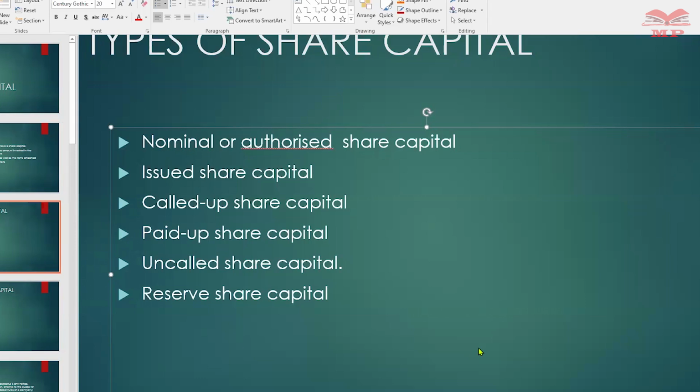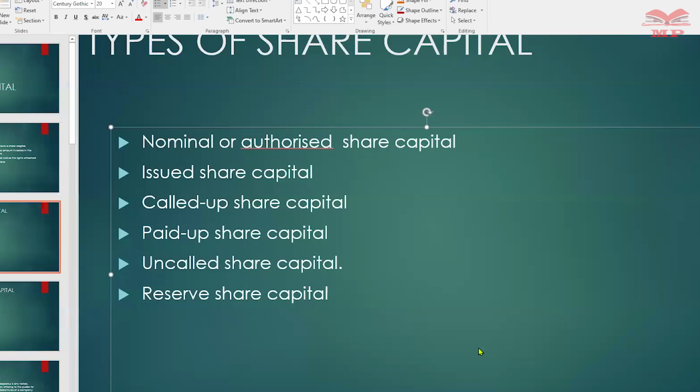We also have the reserve share capital. In order that the guarantee fund referred to in uncalled share capital can be removed from the directors' control and made more permanent, a company may, by special resolution, determine that it shall only be called up in the event of winding up. This special resolution is irrevocable.